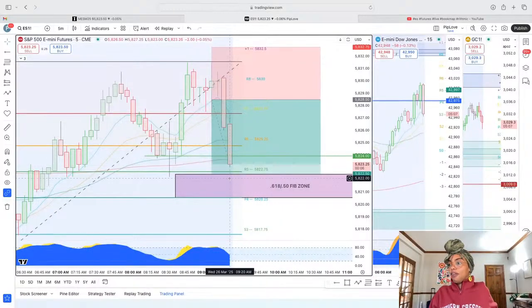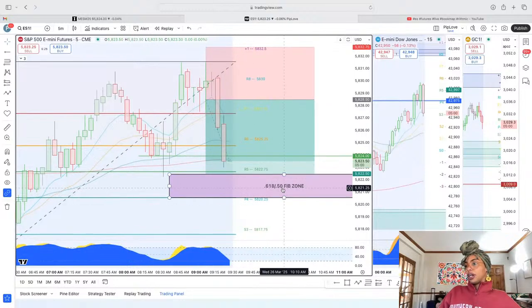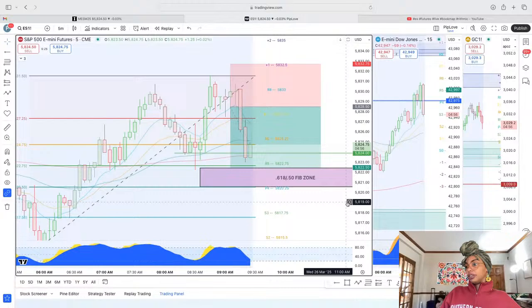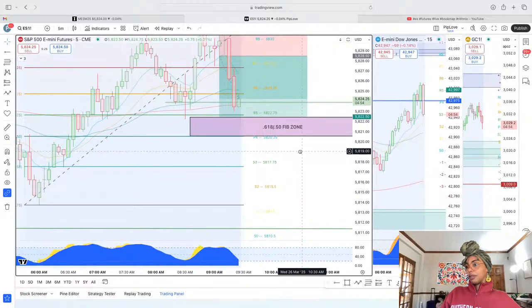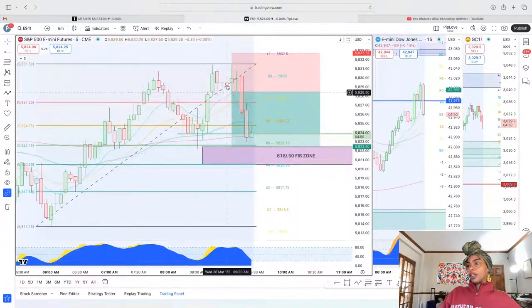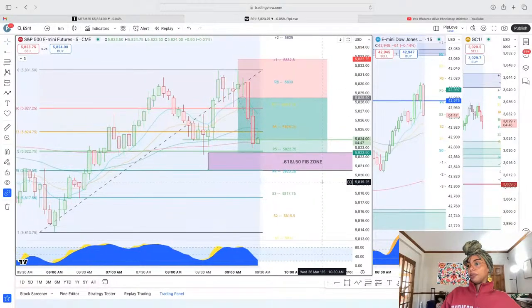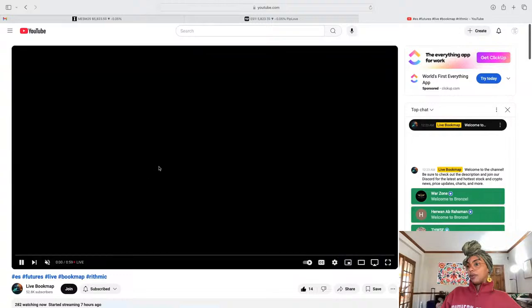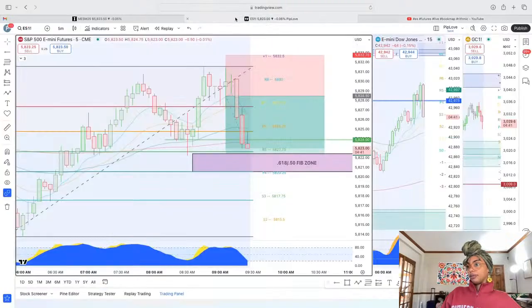So how many times have we set our take profits at certain levels, our P's, I keep saying P, S0, S1, R8, and then the market just completely pushes through those levels. So now we have order book data.